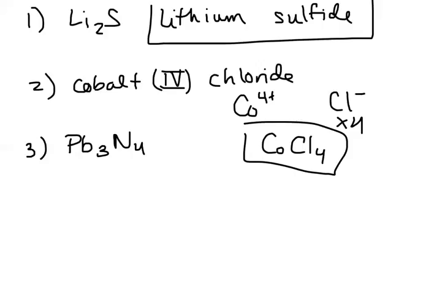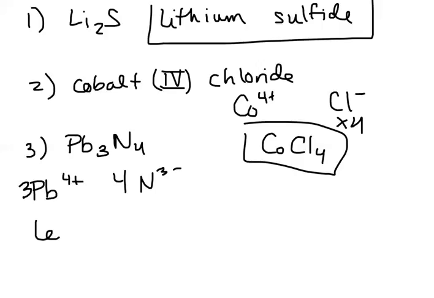So what's the charge on nitride? 3-. And we have 4 of those. So what's our overall negative charge? -12. So what does our overall positive charge have to be? 12. So if we have 3 leads and they need to make a positive 12, what's the charge on each of those leads? 4+.